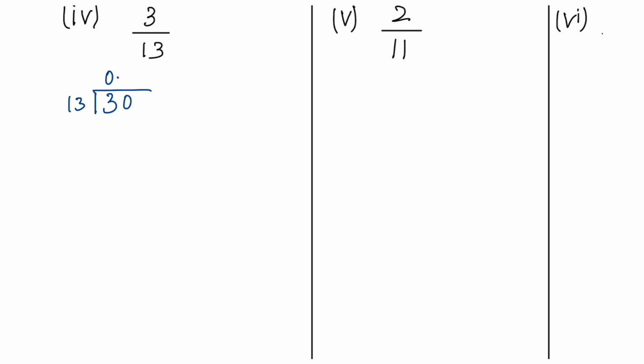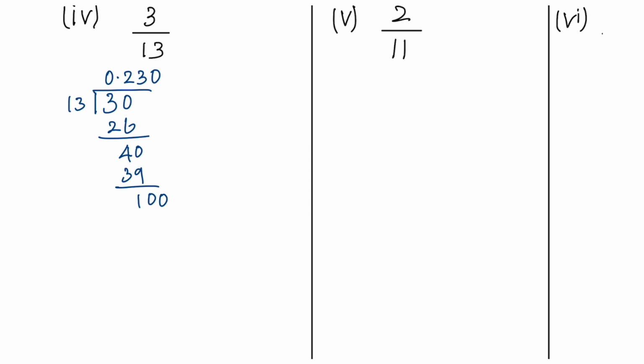Okay, so 13 times 2 is 26. That gives you a remainder 4. You get a 0. 13 times 3 is 39. That gives you a remainder 1. You get a 0. But 10 is not less than 13. So you add a 0 in the quotient and that gives you 100. So 13 times 5 is what? 65, I guess.